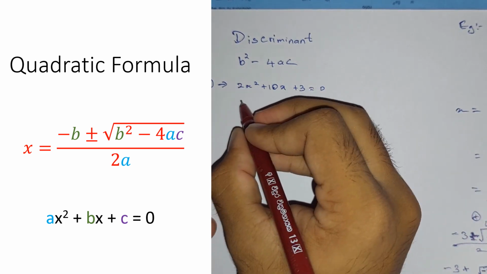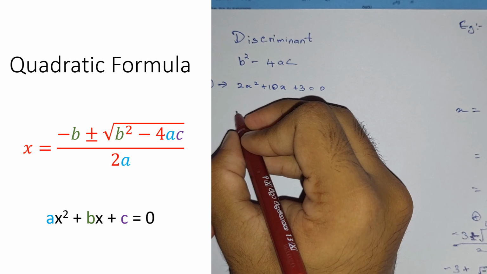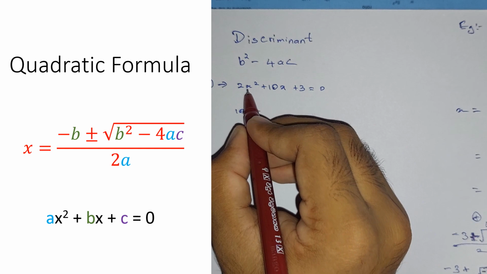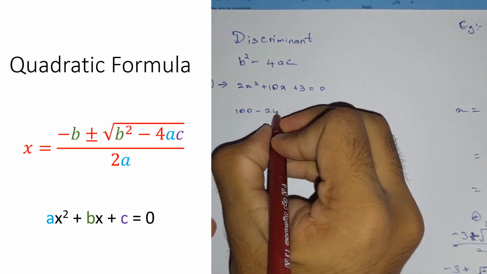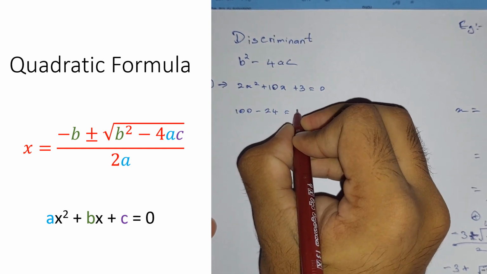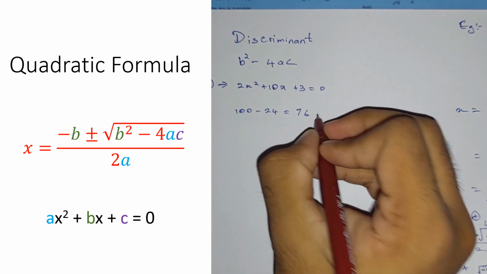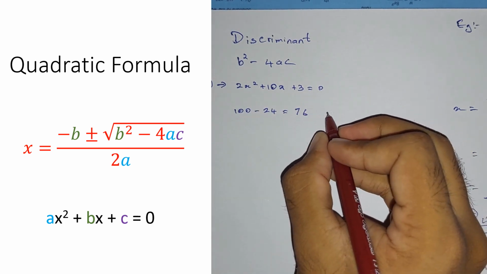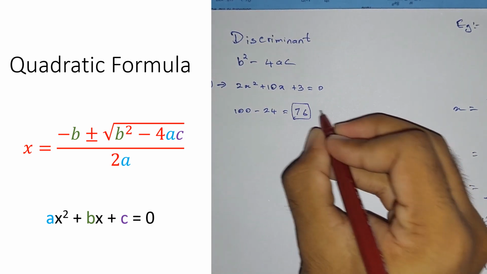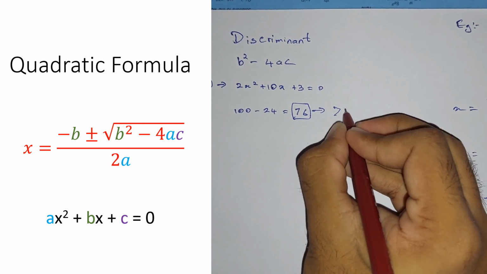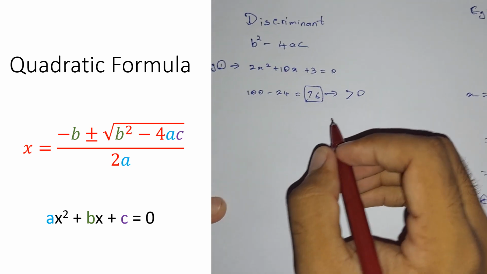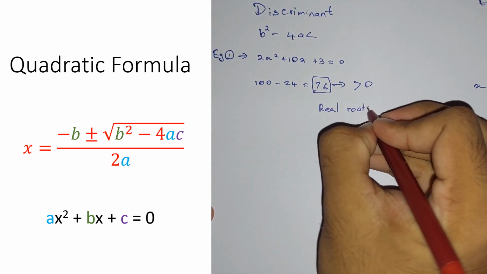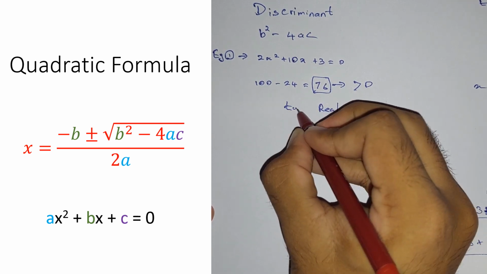The discriminant value was 100 minus 4 into a is 8, 8 times 3 is 24, which is 76. Since this is greater than 0, we get real roots. We get two real roots actually.